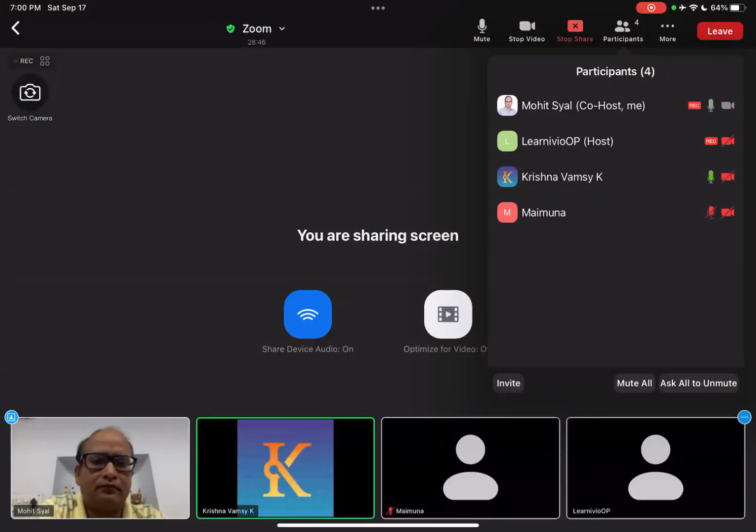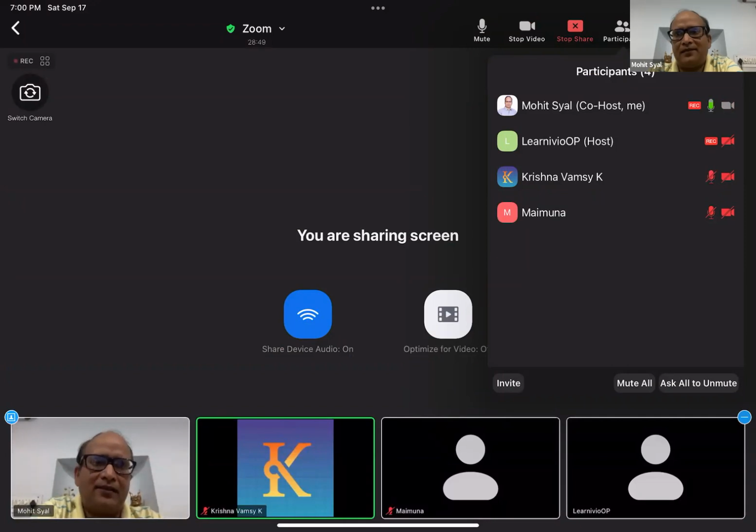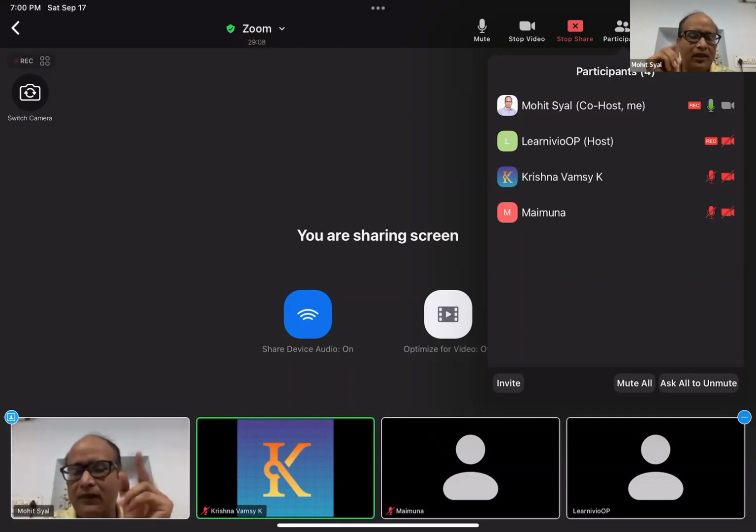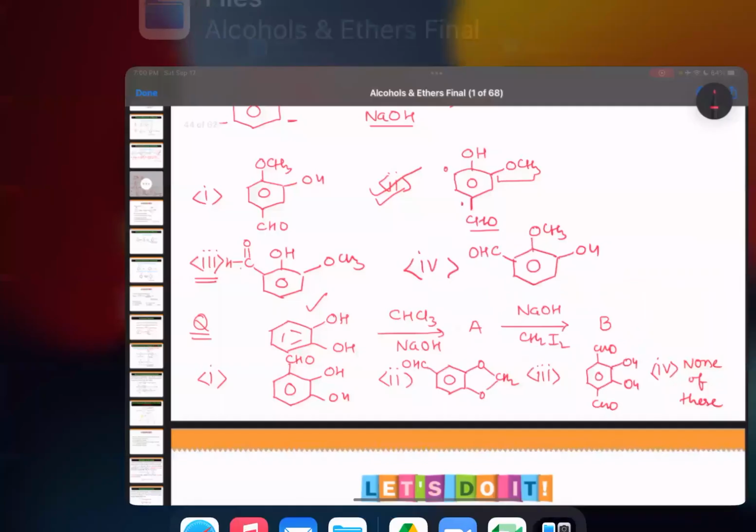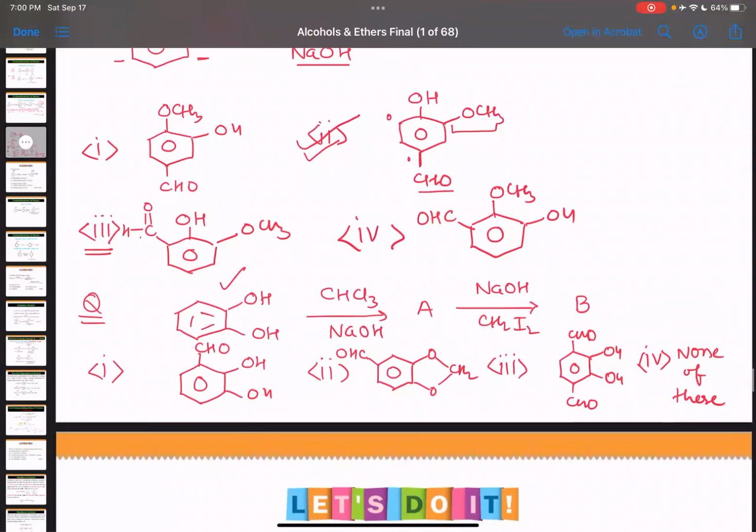Dihydroxy, yes, but that is very generic. There is a specific common name. That is catechol, resorcinol, and quinol. Catechol is the phenol with two OH groups at ortho. Resorcinol has the two OH groups at meta position, and quinol has two OH groups at para position, right? Clear? So you can try this one.